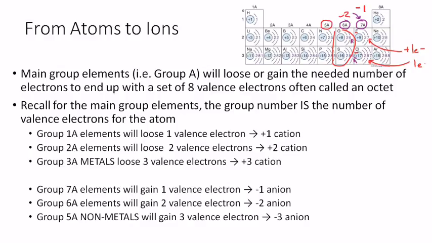You can see here they have 5 valence electrons. And they pick up 3 electrons to give them 8. And if they pick up 3 electrons, now they are negatively charged, -3. So remember that these are anions. These are negatively charged nonmetals.